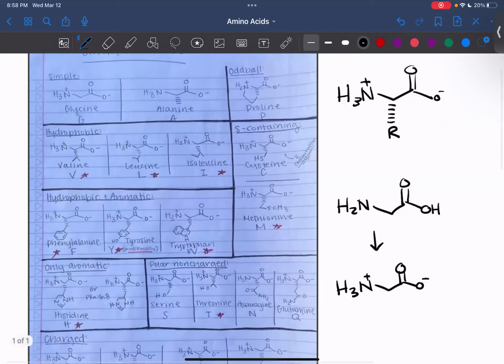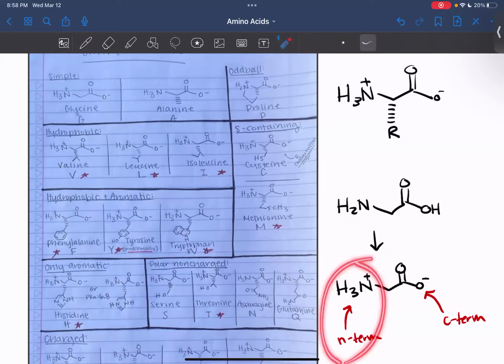As you can see here, there is an N terminus, and that refers to the ammonium side, and then there is a C terminus, and that refers to the carboxylate side. So that's how I remember it: the N terminus has the nitrogen, and the C terminus has the carbonyl. Okay, so that's part one of amino acids.